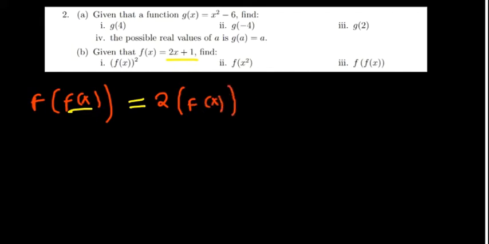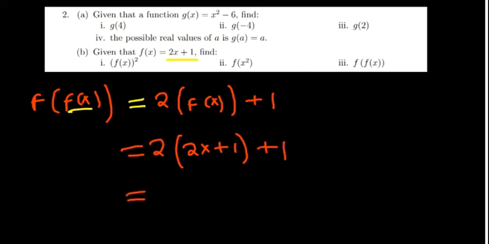Don't forget, in the function we've got 2x plus 1, so it is plus 1. So f of x is the input itself. So the function itself is 2x plus 1 plus a 1. Don't forget, so you have 4x plus 2 plus 1, giving us an answer of 4x plus 3.